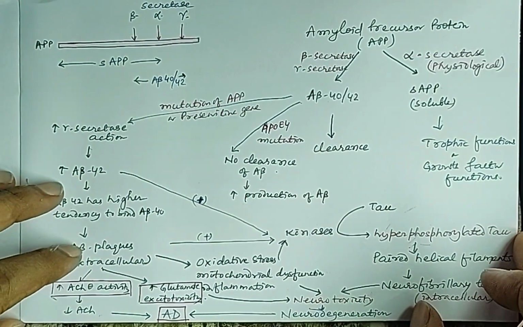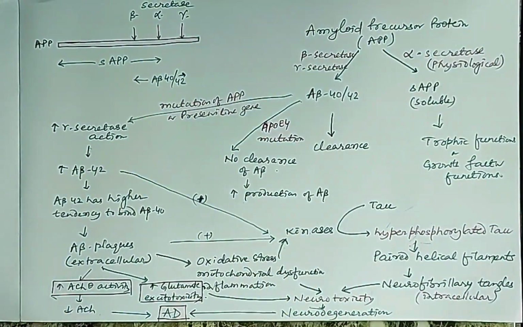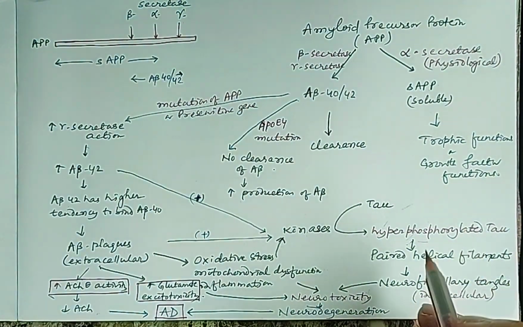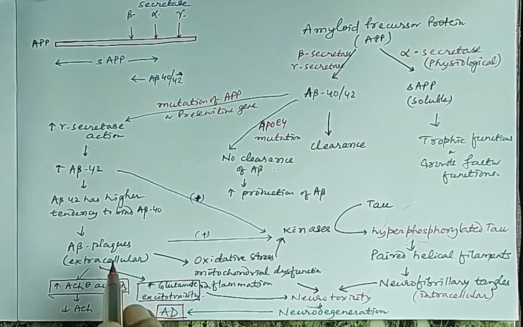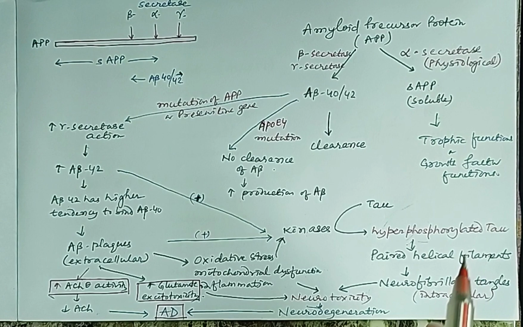But because of the kinases activated by amyloid beta plaques, there will be hyperphosphorylation of the tau protein, and these hyperphosphorylated tau form paired helical filaments, which cause the intracellular deposit of neurofibrillary tangles. So amyloid beta plaques and neurofibrillary tangles are the two characteristic features in the pathology of Alzheimer's disease.